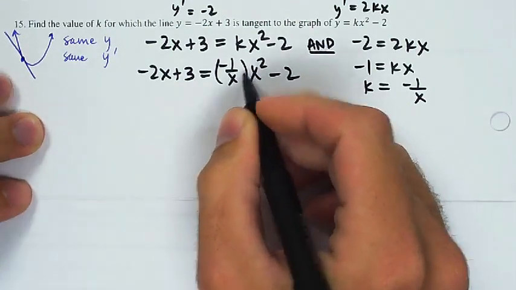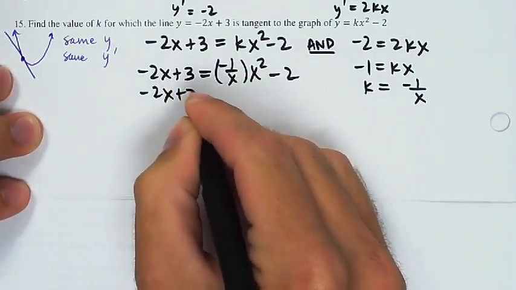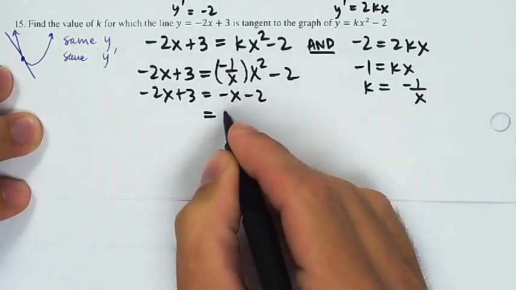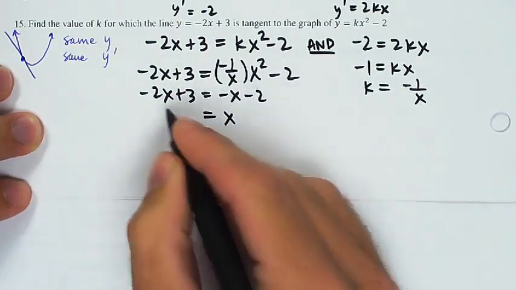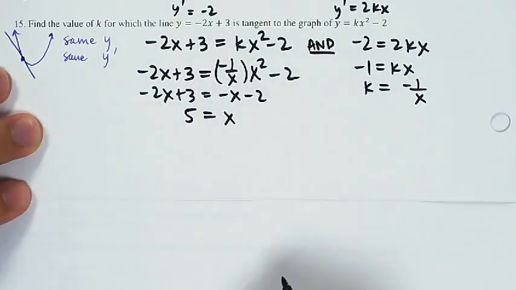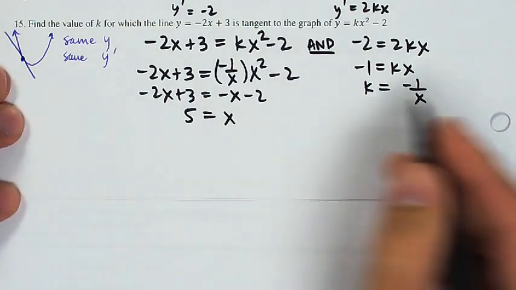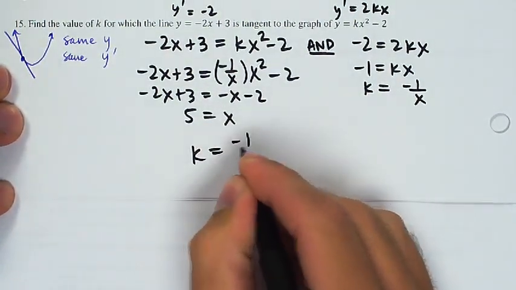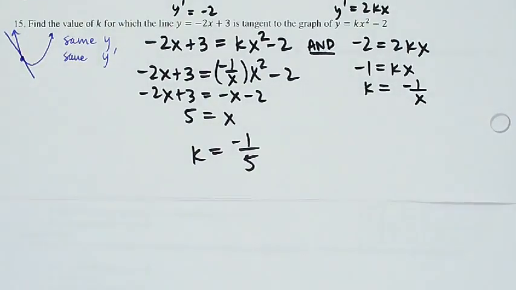Well, this is going to be negative x. I'm going to add over these two x's, and I'll end up with positive 1x. I'll add over this 2, and I'll get a 5. Then the value of k is negative 1 over 5. And that's how I solved that.